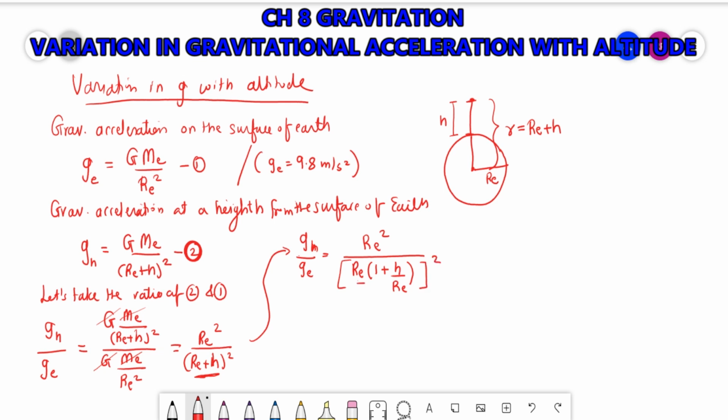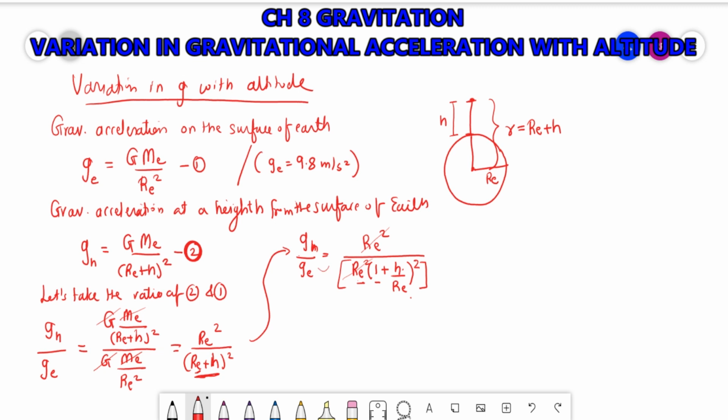RE into 1 is RE, and RE into h by RE gives h, so RE cancels. Now, taking the square separately, RE square and RE square get cancelled.